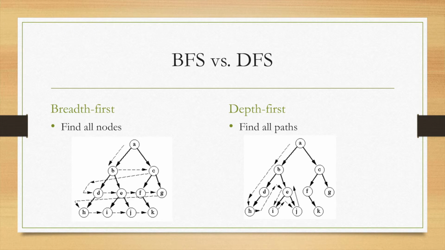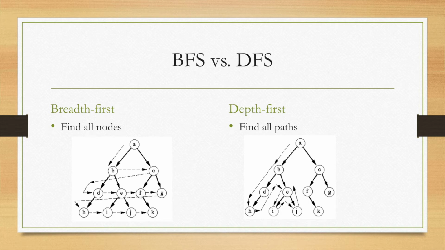Compared to BFS, we also have DFS. We can see the differences. For BFS, if we search this binary tree, it will go to A's adjacent nodes first. It will search B, then C, and then the subnodes of them.